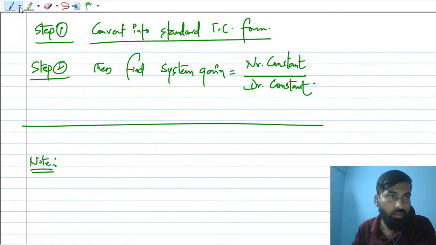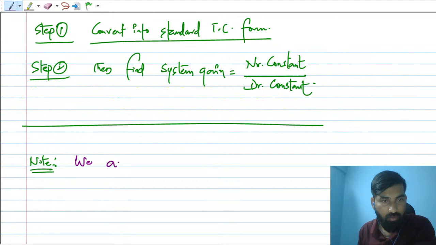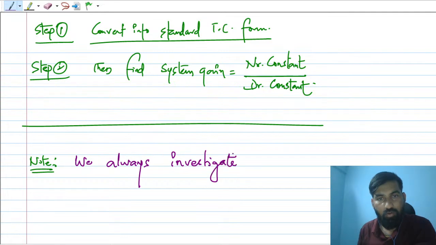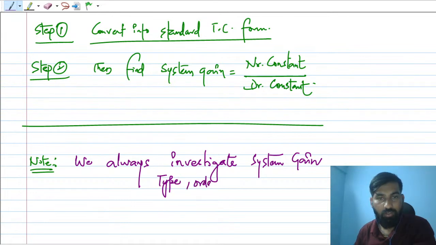Okay, we always investigate system gain, type and order from the open loop transfer function, right?